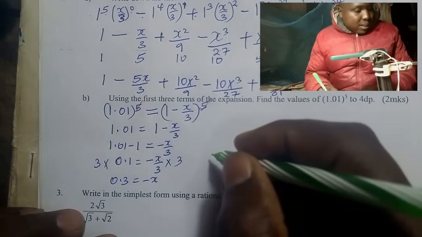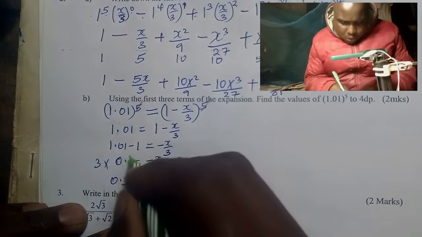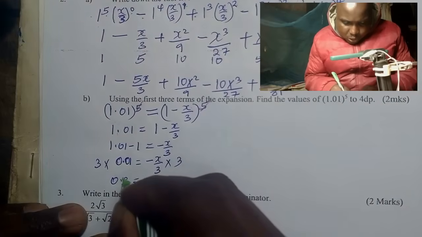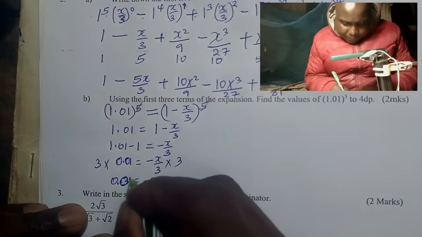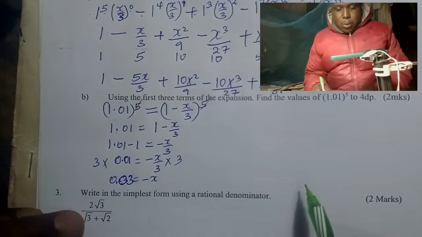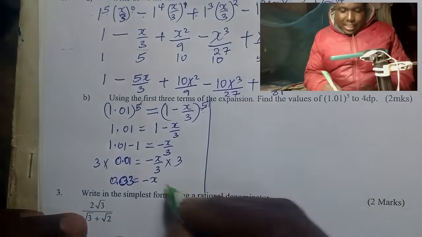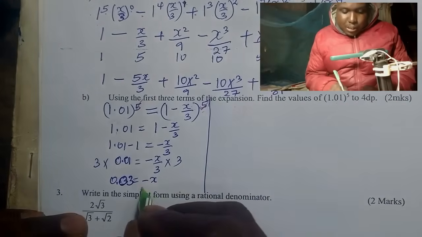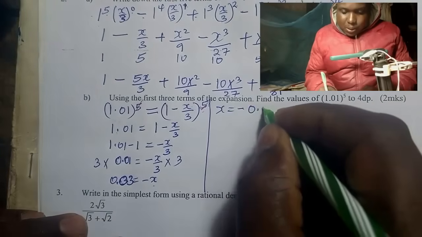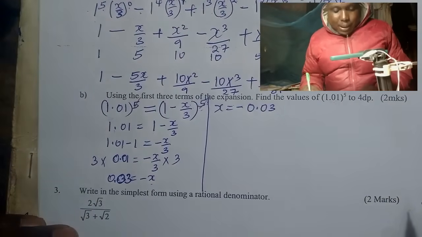We don't want negative x, we want x, so you divide by negative. So x is equal to negative 0.03. That is our value of x.